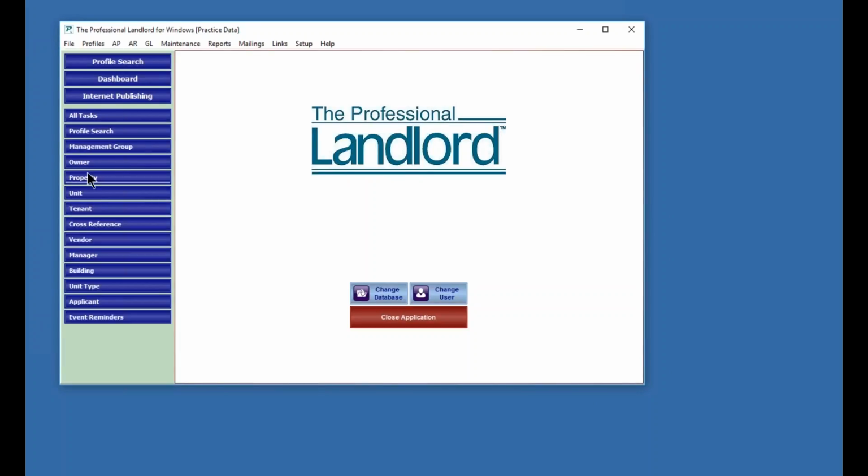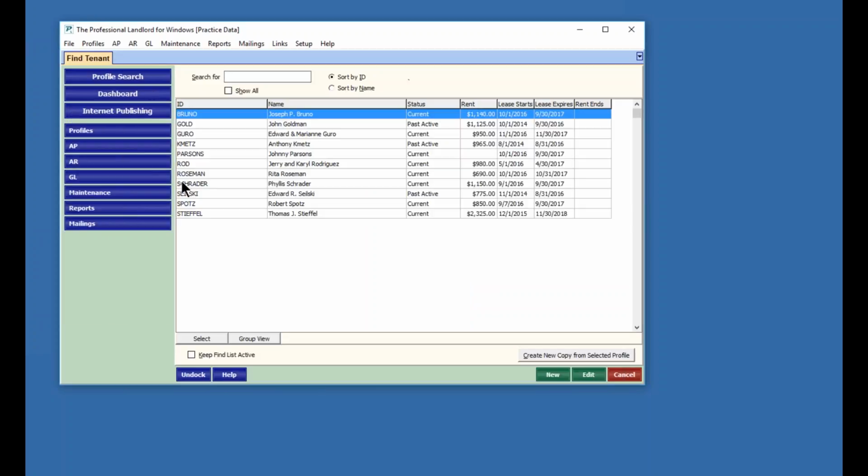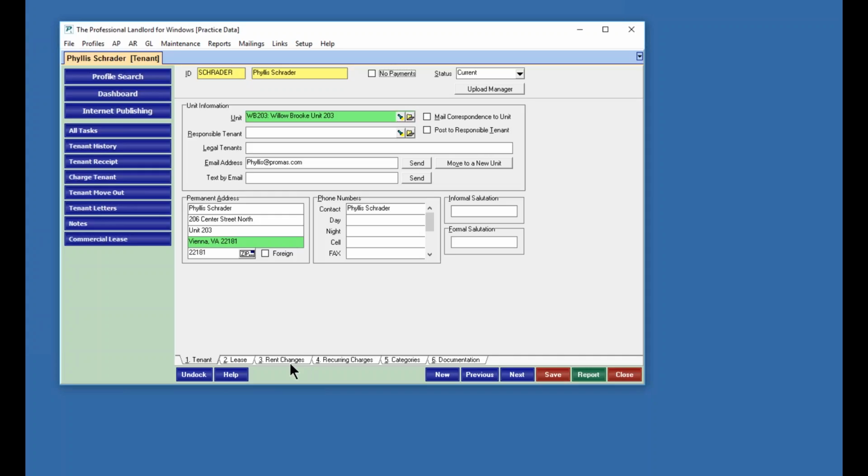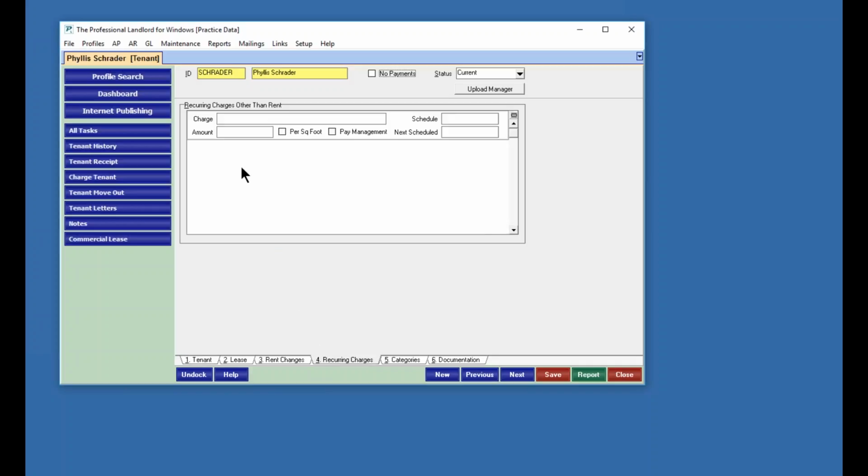If we go to profiles, the tenant profile for Schrader, and we do a recurring charge, what we want to do is give the tenant credit for rent, so we put the rent in as the charge. The amount is minus $1,150 because we're giving credit, and it's only going to be done once, and it's going to be done in October.